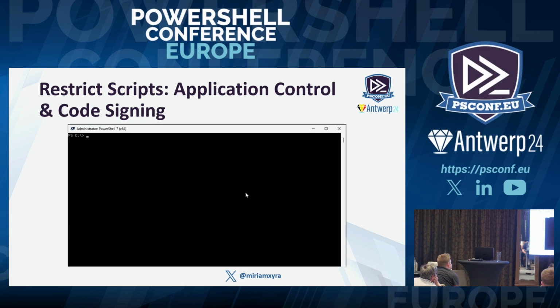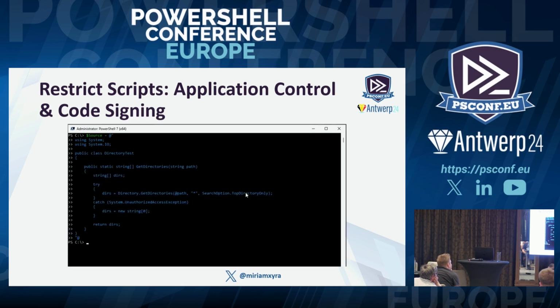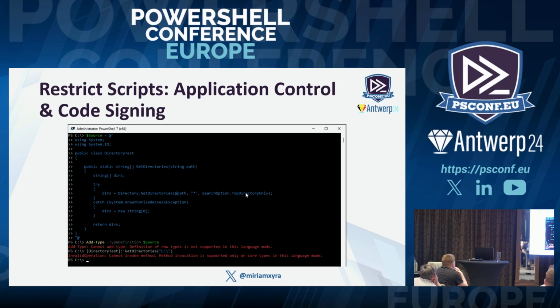And how would that work if application control is enabled? You can't even run the type, and with that, you also can't run the function. Would it be allowed in a signed script file? Yes, if it was in a signed script file. But that means that you know what you're doing. That's great.